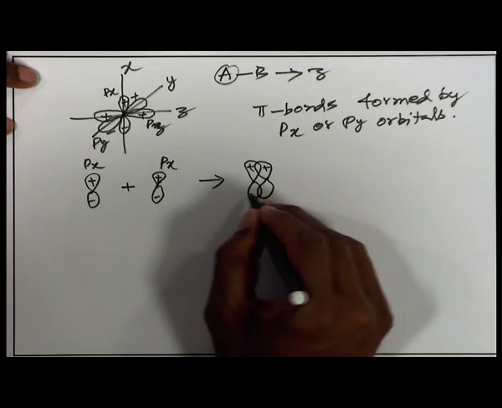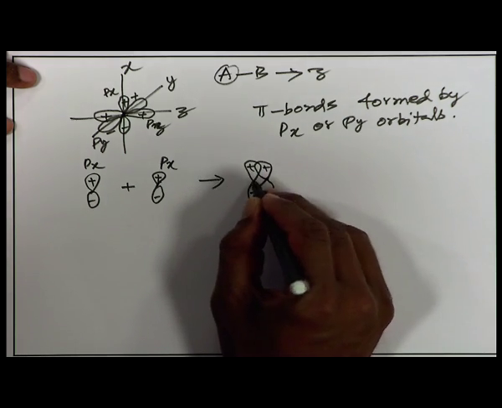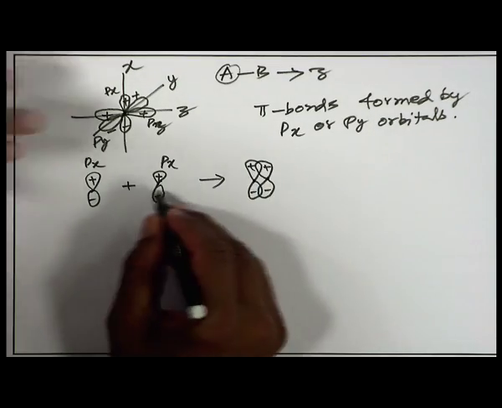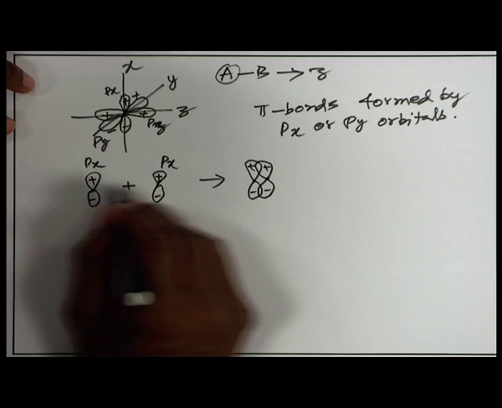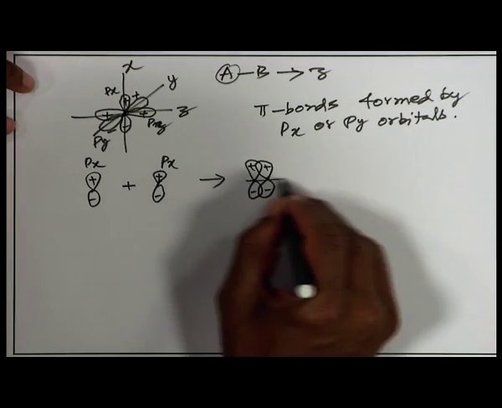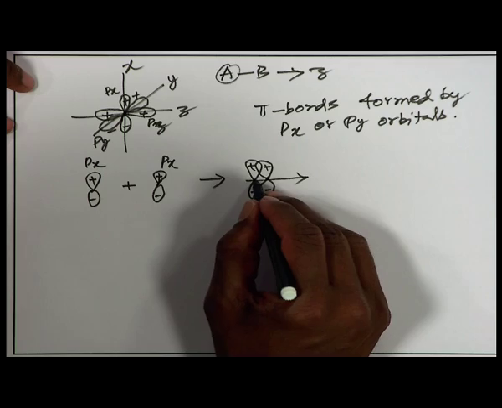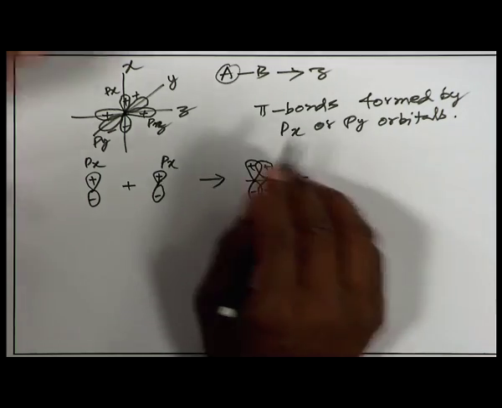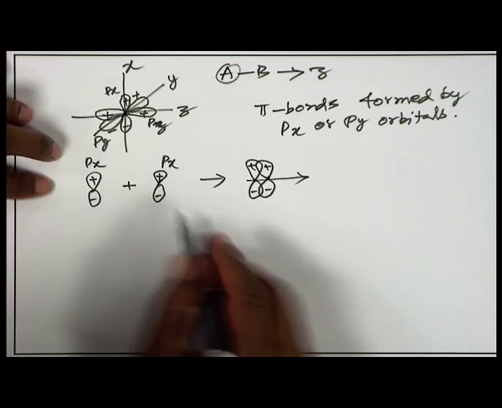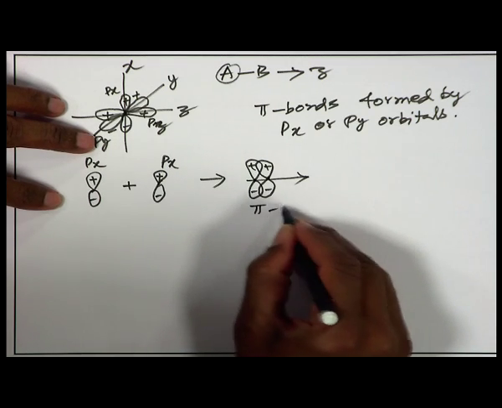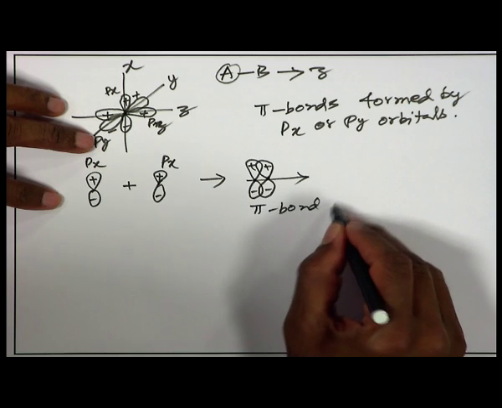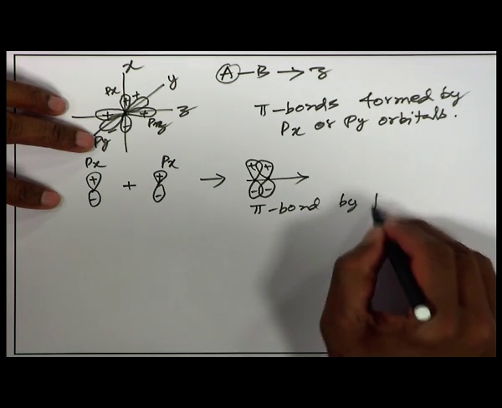Plus plus, minus minus, these are the two atoms. Here this is the internuclear axis, here atom A, here atom B. So, they overlap, and as you can see, this is a pi bond formed by parallel overlap.